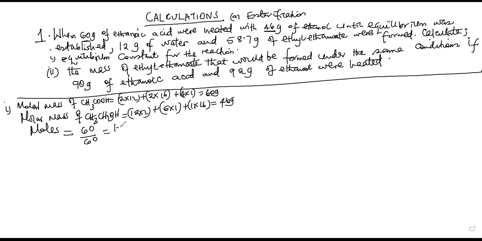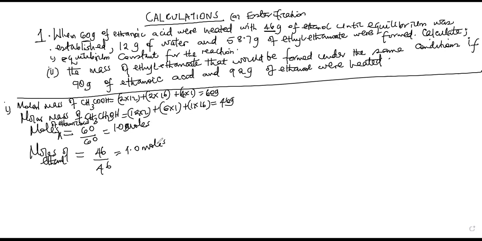So this gives 1.0 moles of ethanoic acid. Then we also get moles of ethanol. They will equal the mass of ethanol, which is 46, divided by the molar mass, which is also 46, giving us 1.0 moles.